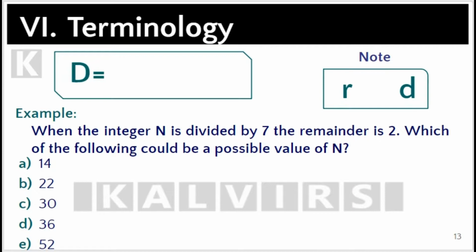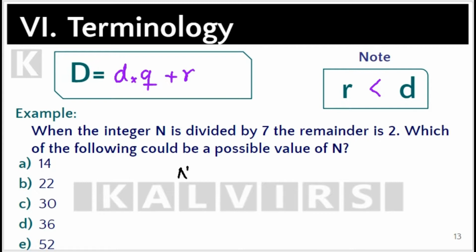From the previous slide, we know that the dividend is the divisor times the quotient plus the remainder. Do not forget that the remainder is always smaller than the divisor. For the example shown below, when the integer n is divided by 7, the remainder is 2. Which of the following could be a possible value of n? Here, we can apply the division formula.